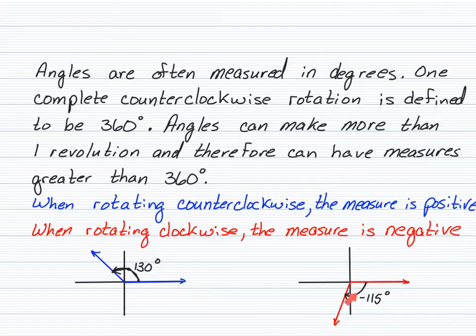This angle was rotated clockwise, and therefore its angle measurement is negative 115 degrees. So anytime you rotate by going up, which is counterclockwise, that is going to be a positive angle measurement. Anytime you rotate going down, which is clockwise, that's going to be a negative angle measurement.